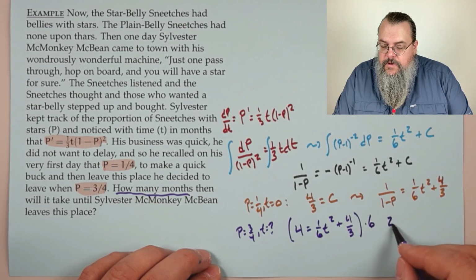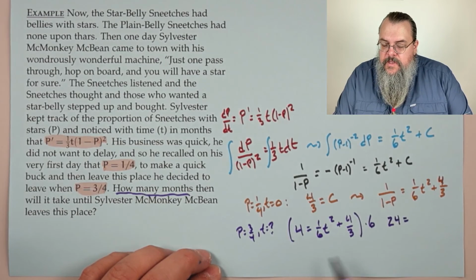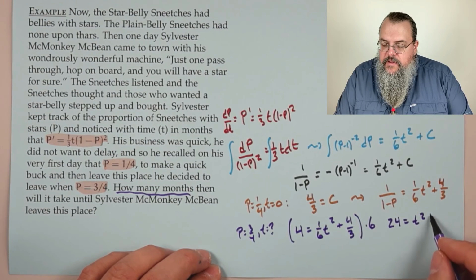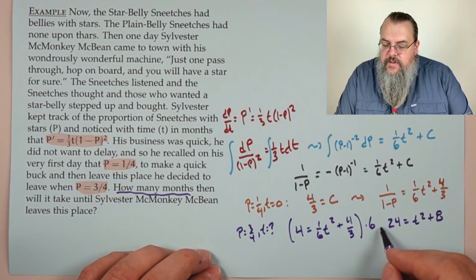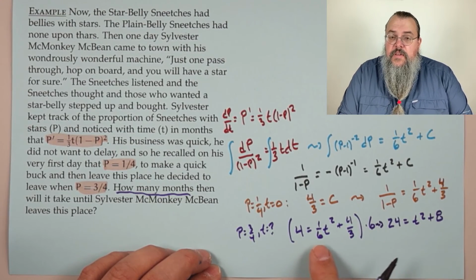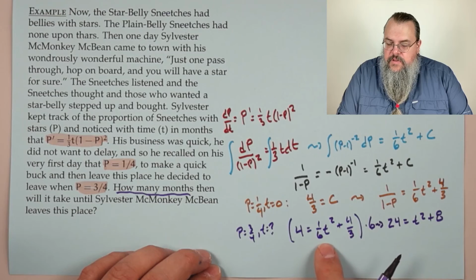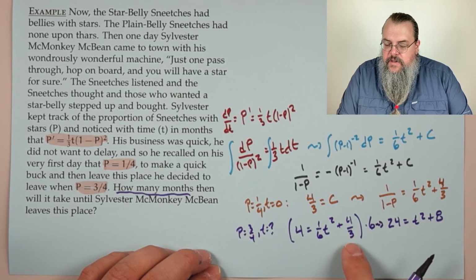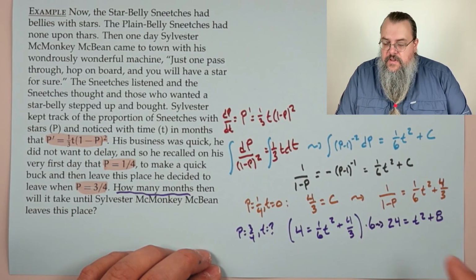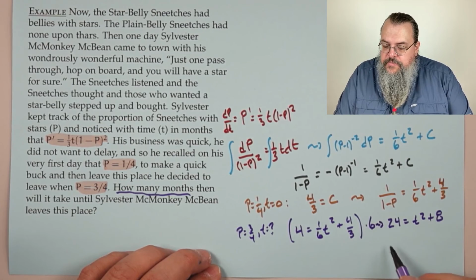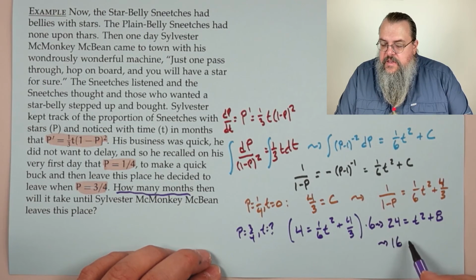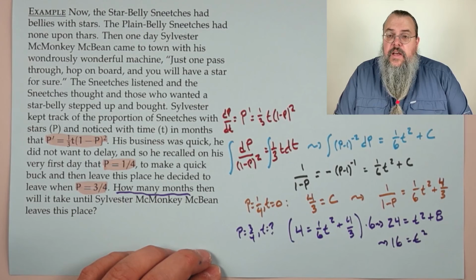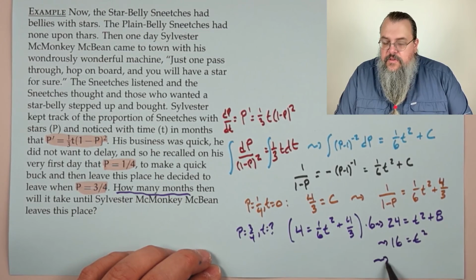So 24 is equal to t squared plus 8, right? Yes? Because I multiply by 6 comes 24. The 6 cancels on the t squared, and 4/3 times 6 is 8. And then we can subtract 8. So that tells us 16 is equal to t squared.